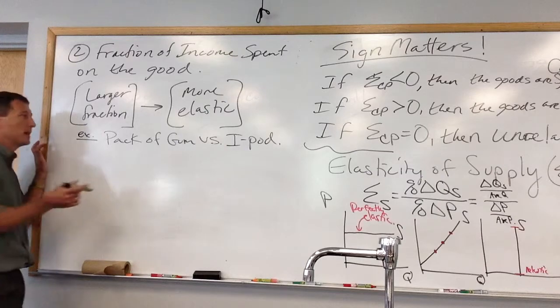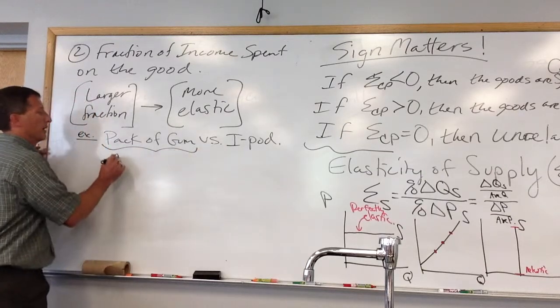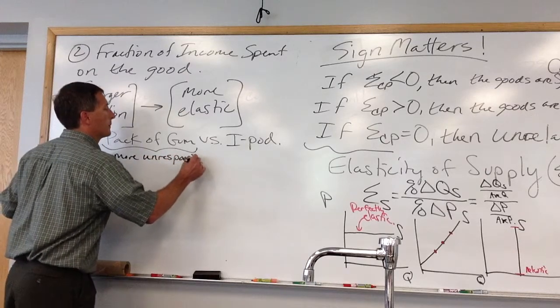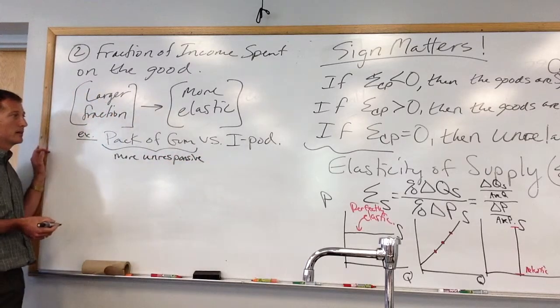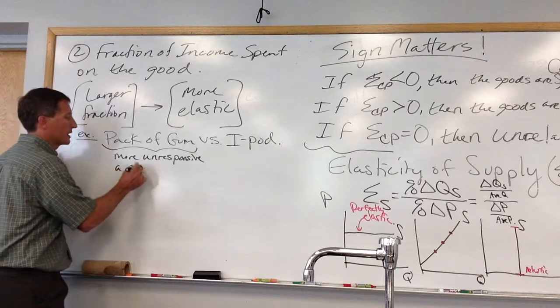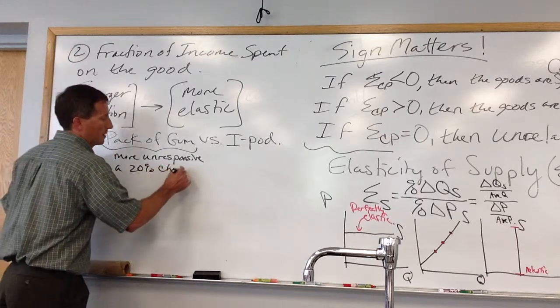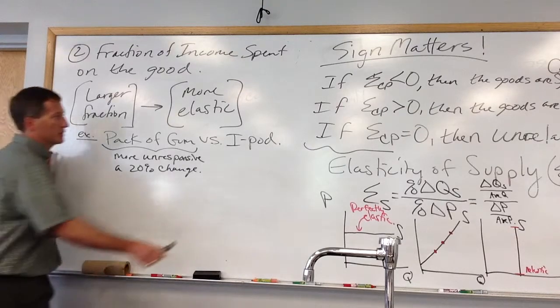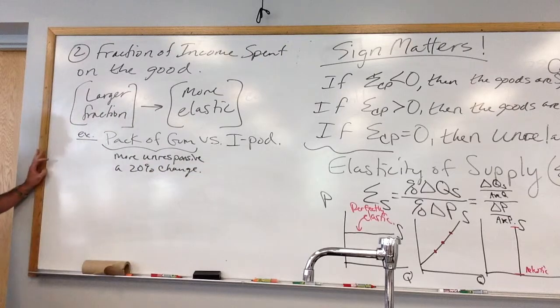So you're unresponsive with a 20% change. I'm using just kind of just to put a little meat on the bones. Versus your $400, $500 iPod going up by 20%, that's a big deal.